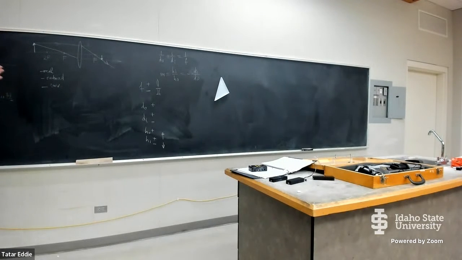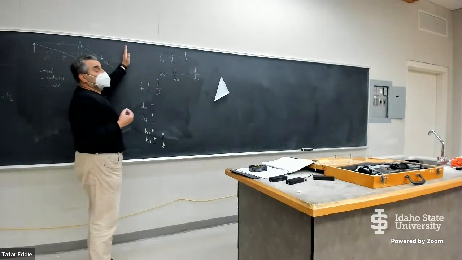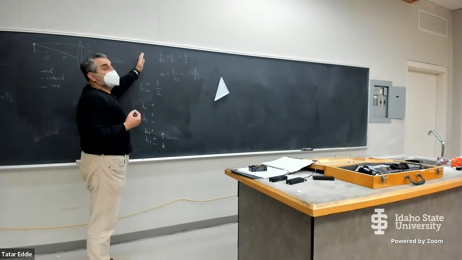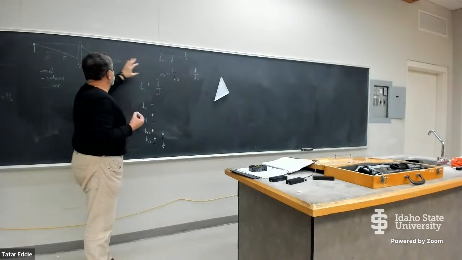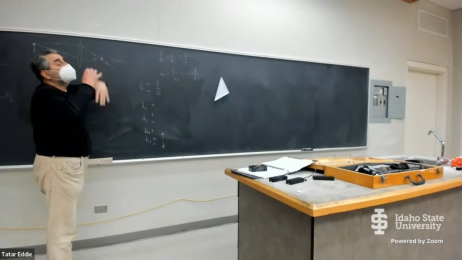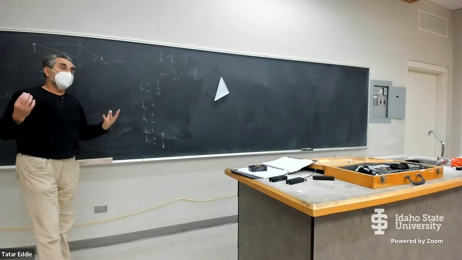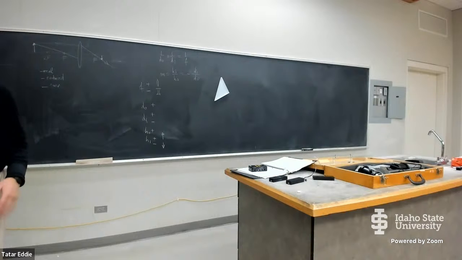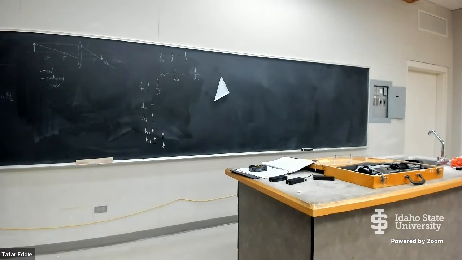So of course, if you want to use this as an objective of a scope, you need to have a second system or a second set of lenses to form an eyepiece to observe this image and magnify it, if you want a magnification.